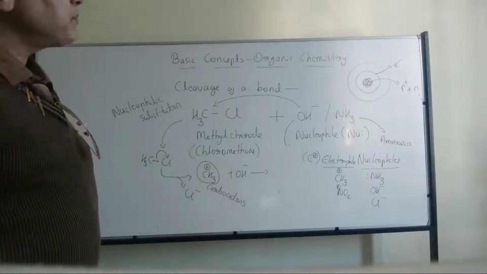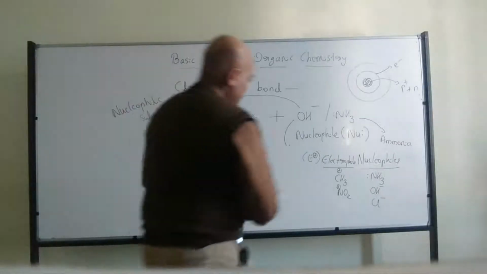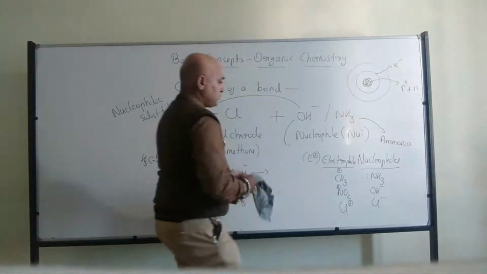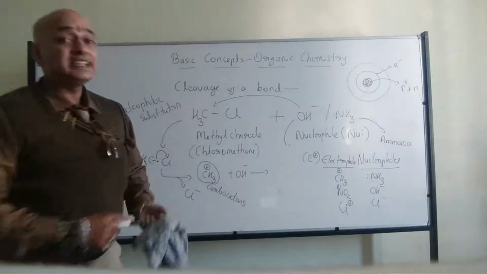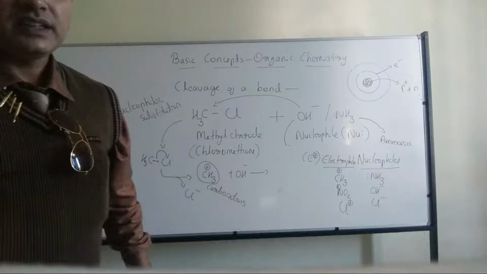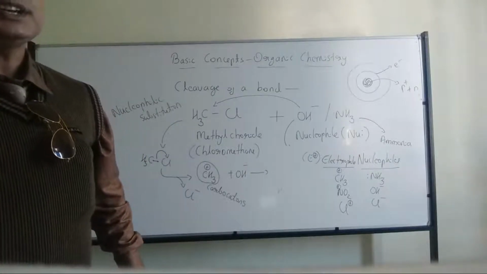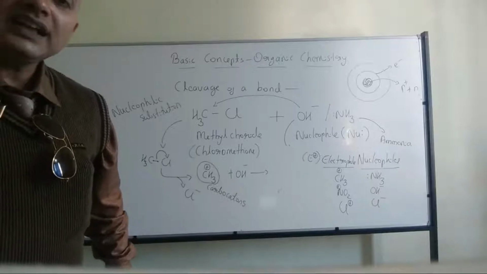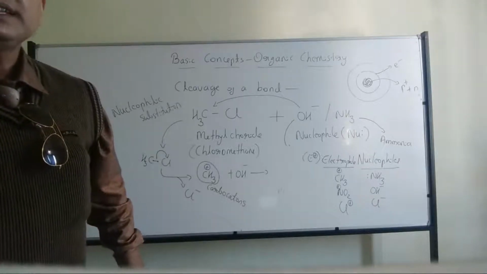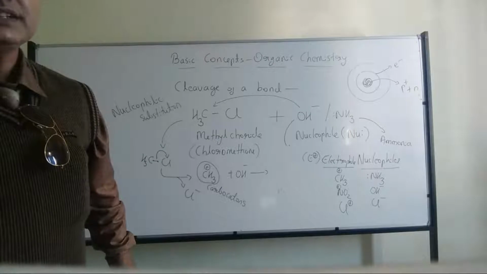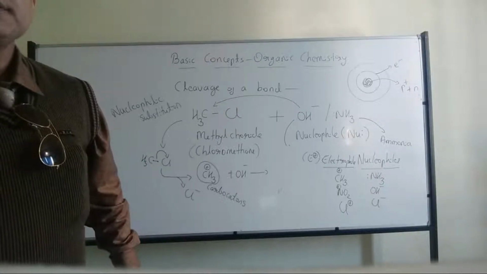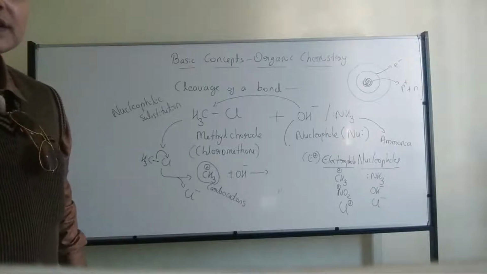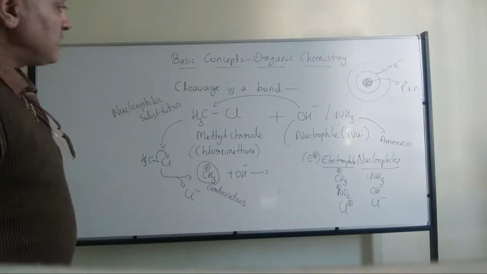They are all examples for electrophiles, electron deficient species. So these are the two types of reagents which are normally involved in reactions.